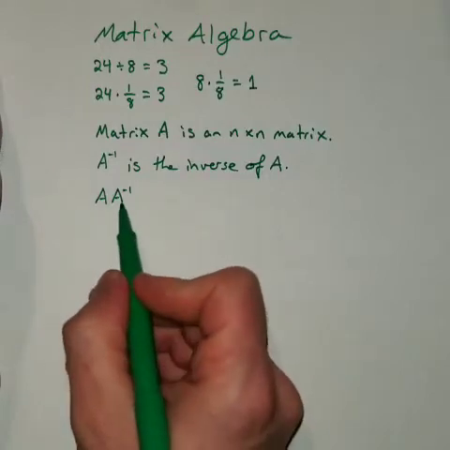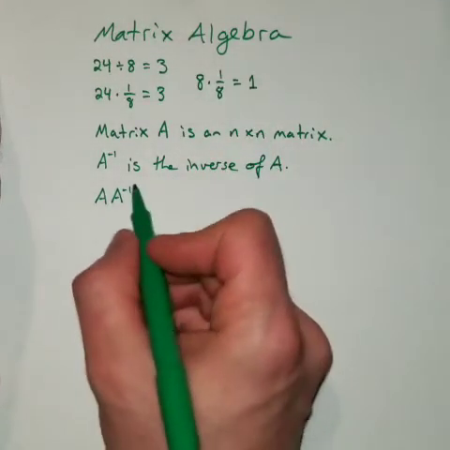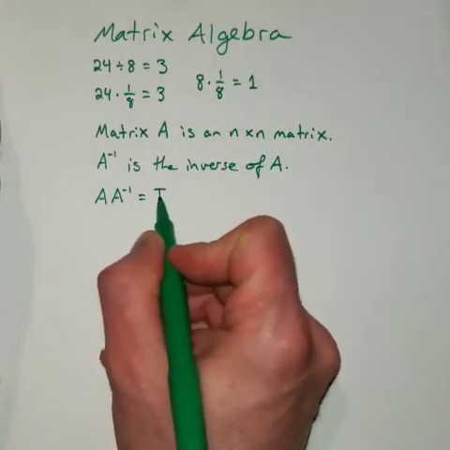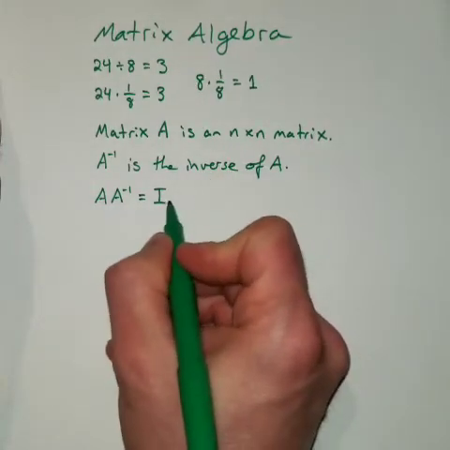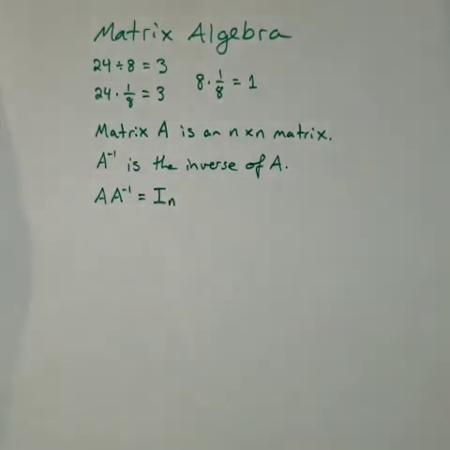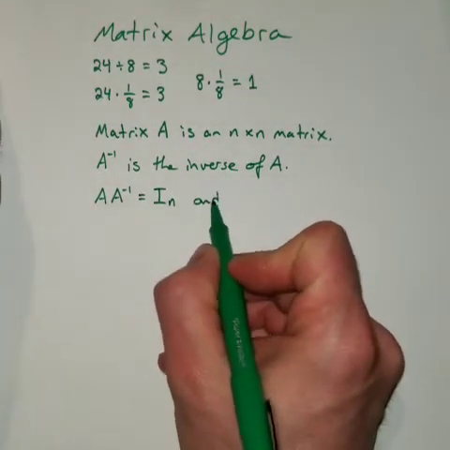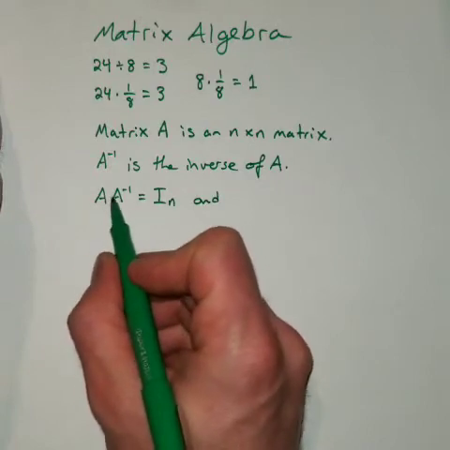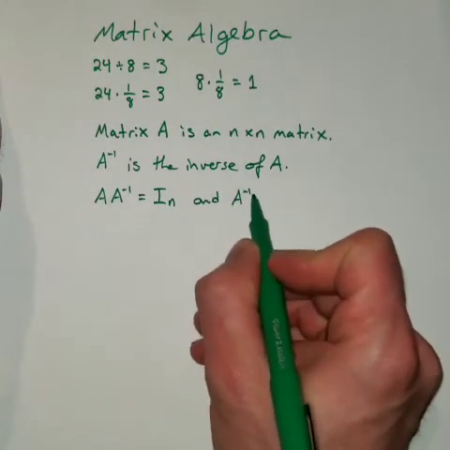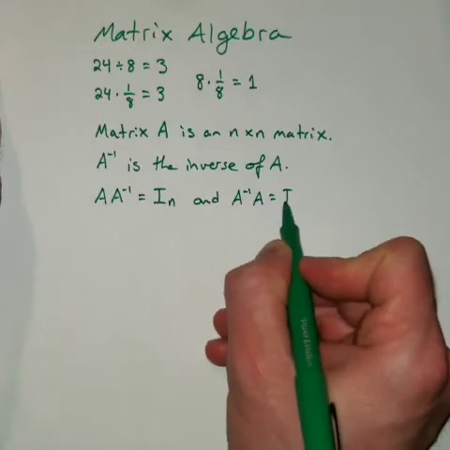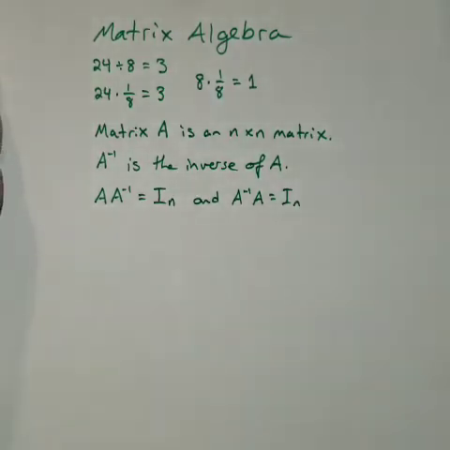Well, in matrices, the equivalent of 1 is the identity matrix of the same size. Okay, so A A inverse is the identity matrix, and if you reverse the order there, A inverse A will also be the identity matrix. Okay, so it doesn't matter the order.